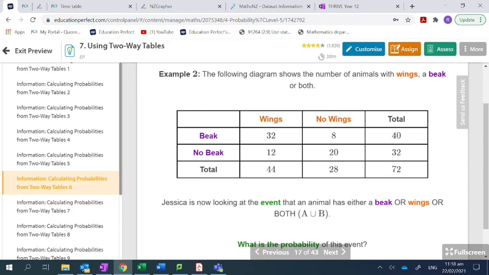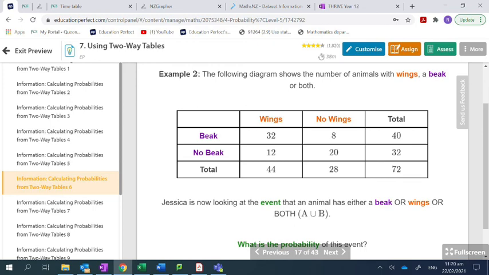See if you can find out how many animals have a beak or wings. Then we'll work it together. Discuss it with yourselves for 2 minutes, which should be plenty. The probability of beak or wings or both. This is the inclusive or.